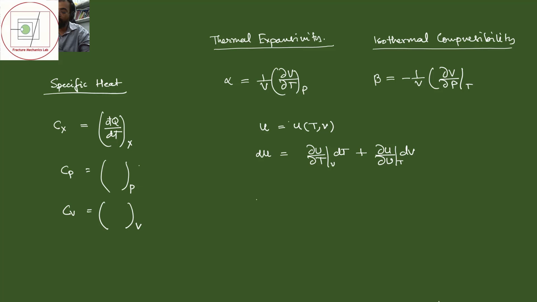And by the first law of thermodynamics, we know that dU is equal to dq plus dw, where dw is minus PdV.